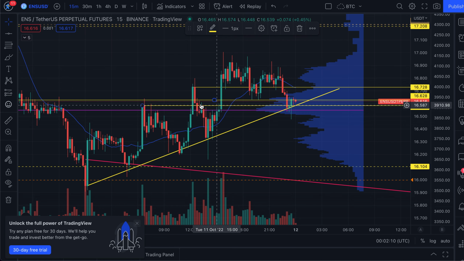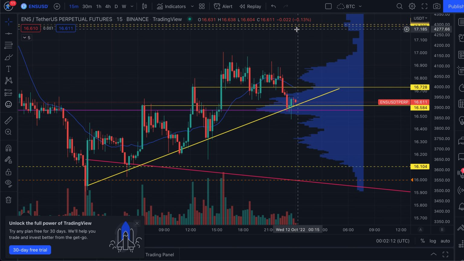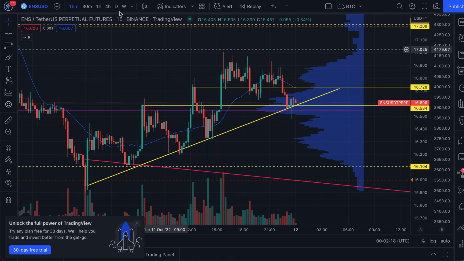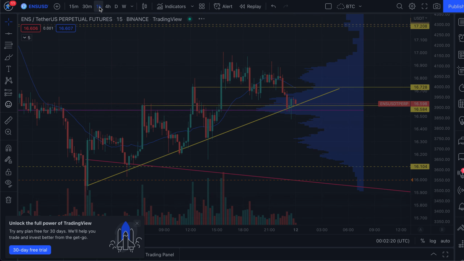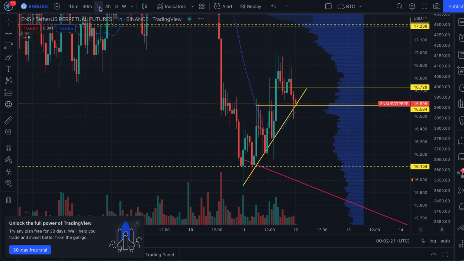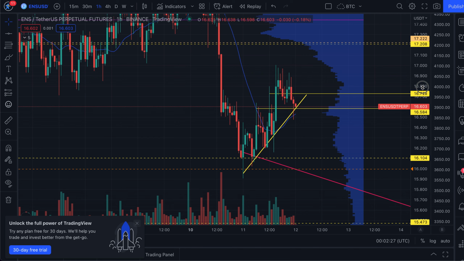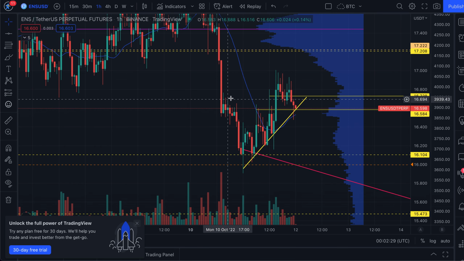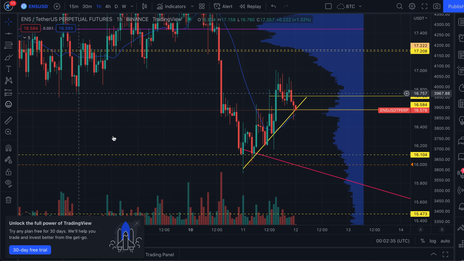Okay, let me go ahead and get rid of that one because I don't really like that one. So I would be waiting for it to bounce off of something like this level, if I could get that on a larger time frame, and probably get back into this. Okay, it does look like that level touches over here, close enough for that.